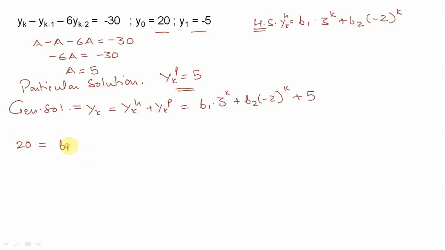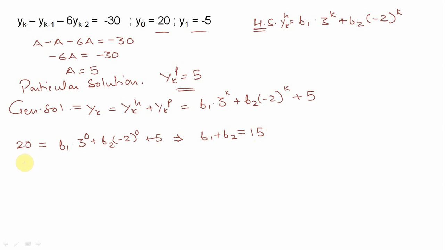20 is equal to b1 into 3 to the power 0 plus b2 into minus 2 to the power 0 plus 5. So that gives me b1 plus b2 is equal to 15. So that gives me my first equation.